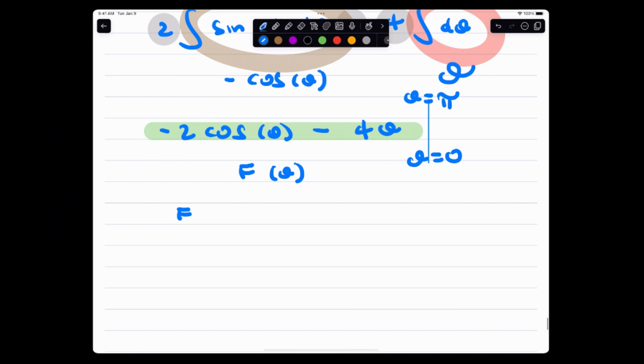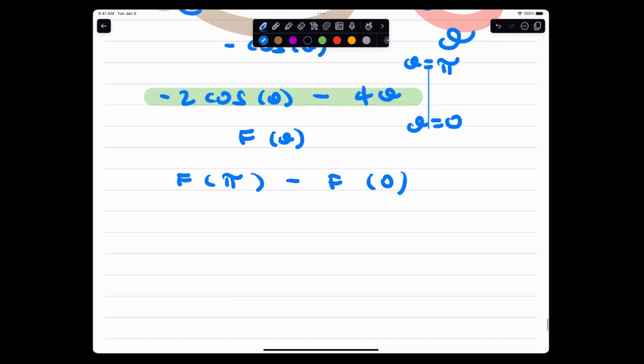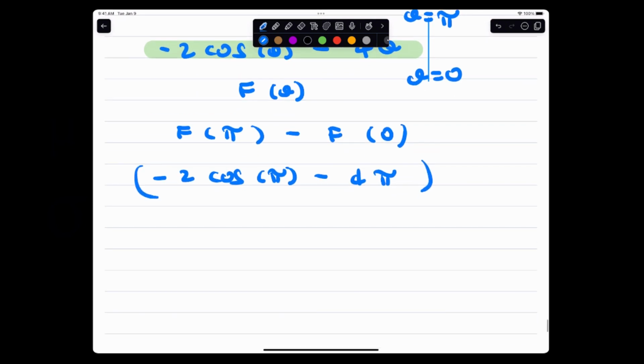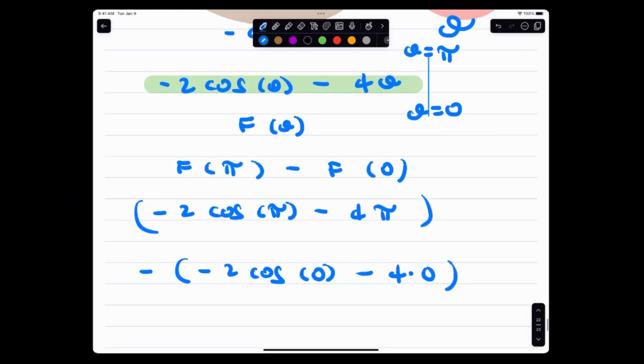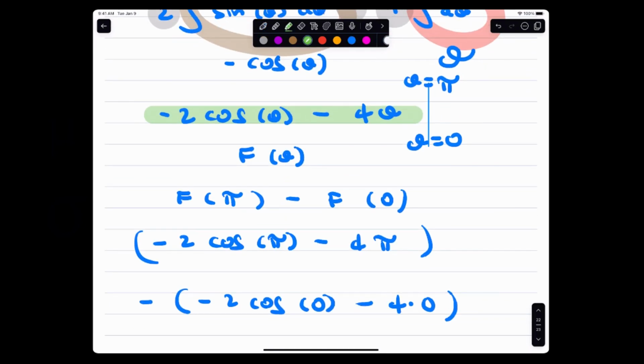So this is big F of pi minus big F of 0. So be careful. Negative 2 cosine pi minus 4 pi. So sometimes, again, I put it in parentheses. Minus negative 2 cosine of 0 minus 4 times 0. So maybe it's easier to see with colors.